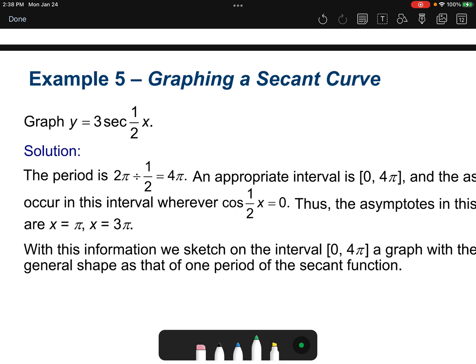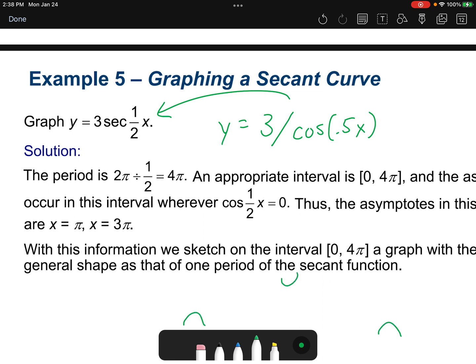Let's do secant quick. 3 divided by cosine 0.5x. That's the way I would type it in. 3 divided by cosine 0.5x. That's equivalent to that. Zoom 7, see what kind of graph we get. Barely see it, right? I only get this, this, and this. Now let's look at y.